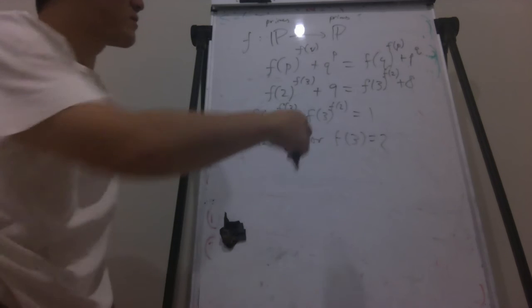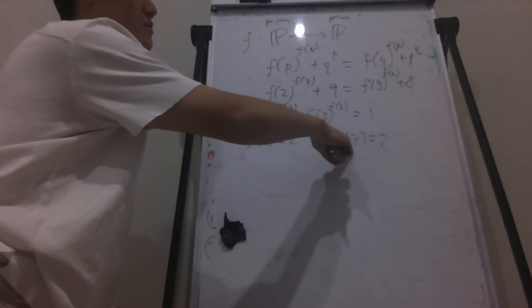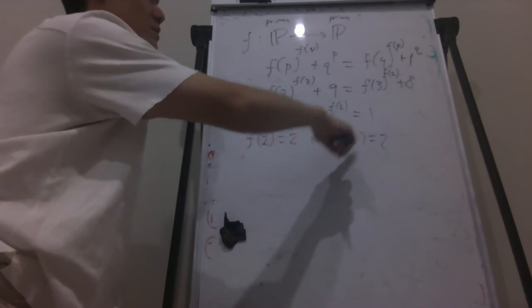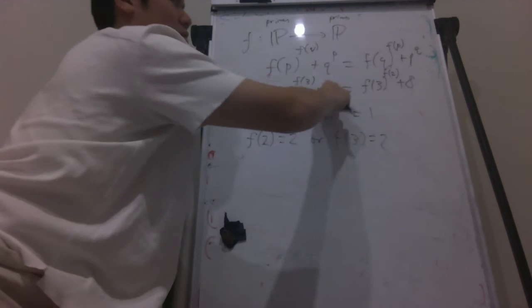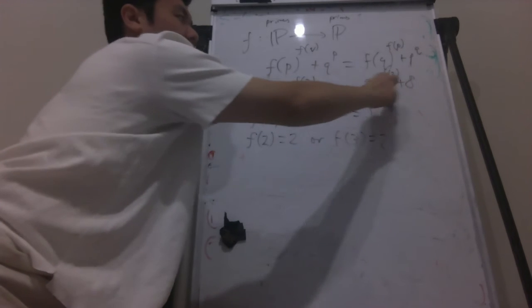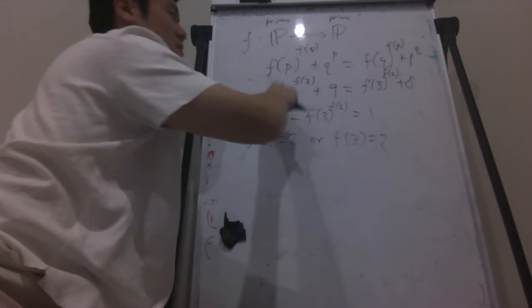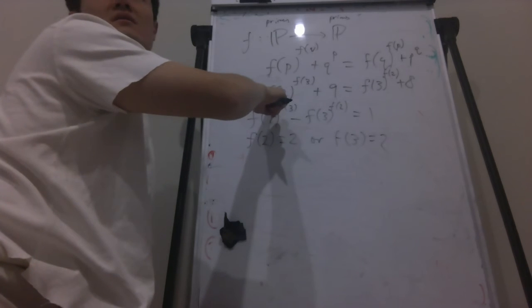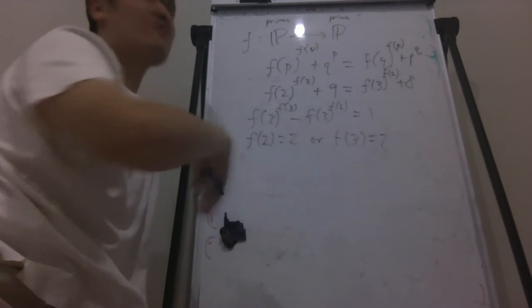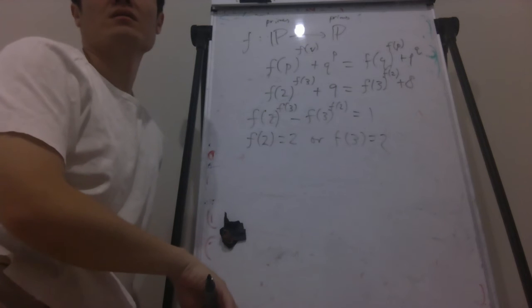But it's crazy, because if f of 3 equals 2, you have two even numbers, so that will be even. So the other one has to be even too. So basically, if f of 3 equals 2, then everything has to go to 2.